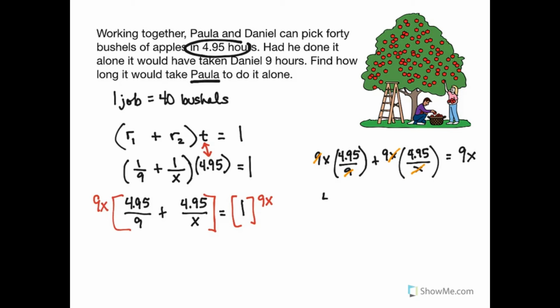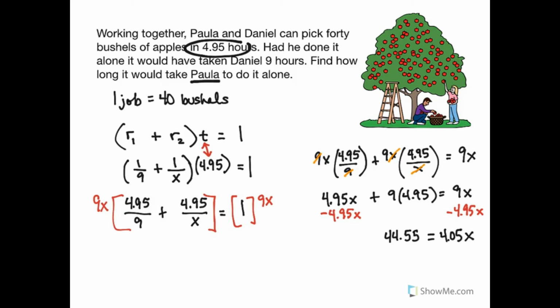So I've cleared fractions, and I have 4.95 times x plus 9 times 4.95 equals 9x. When I subtract 4.95x from each side, 9 minus 4.95 is 4.05. So it's 4.05x equals 9 times 4.95, 44.55. Now I can solve by just dividing both sides by 4.05.